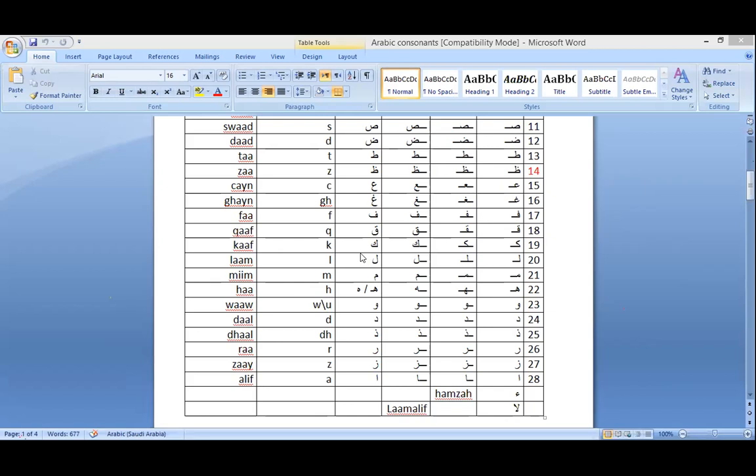Annotate. Hello. Yeah. So you go to view options from Ahmed Sharawi's screen, and then you go to annotate, and then draw.